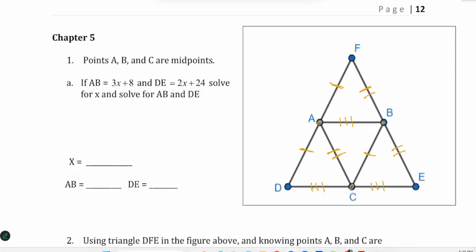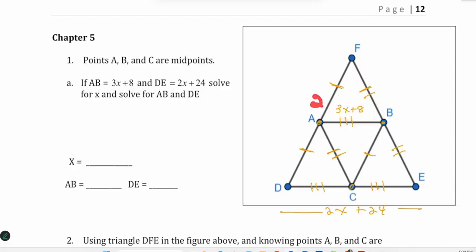So they give us this equation, and they say AB is 3x plus 8, and DE, which is this entire thing, is 2x plus 24. The smaller one is this guy.